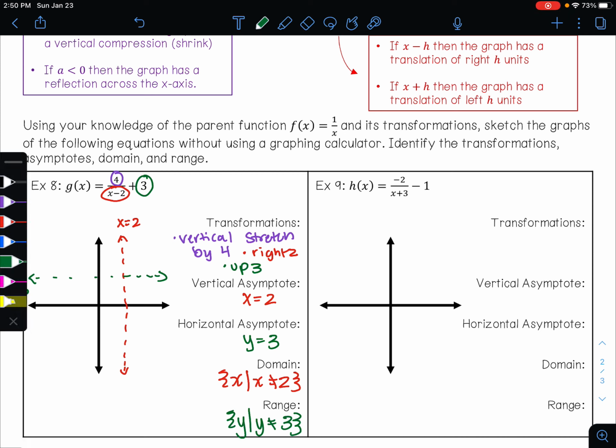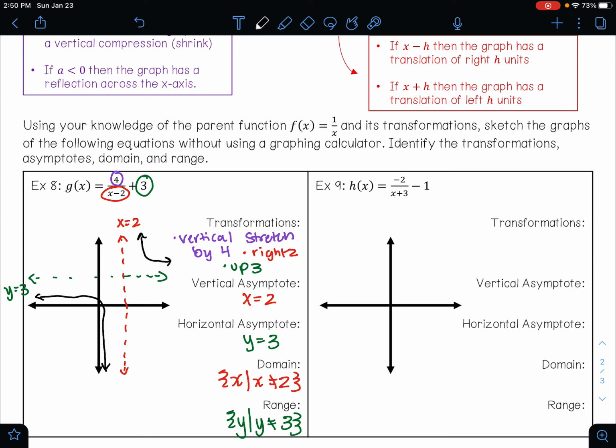We didn't have any reflections, so our curve will be in quadrants 1 and 3. And remember to leave a gap between your asymptotes and your curve because we did have a vertical stretch. So that is what example 8 looks like. We did all of that without using a graphing calculator.